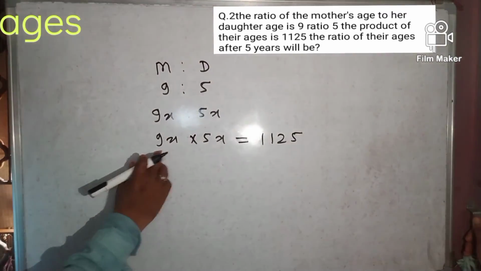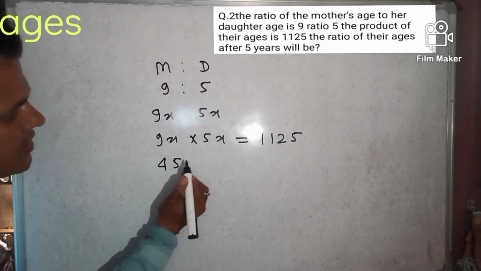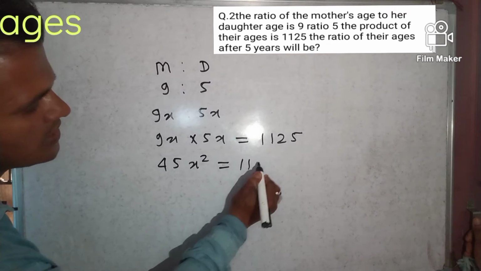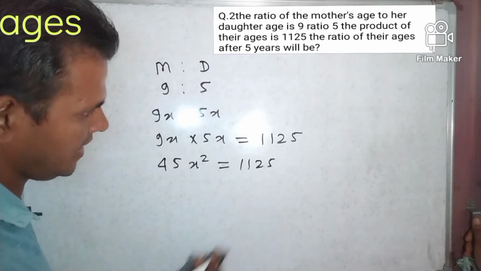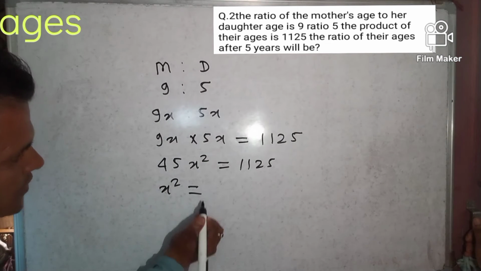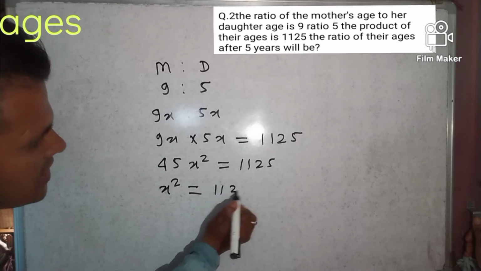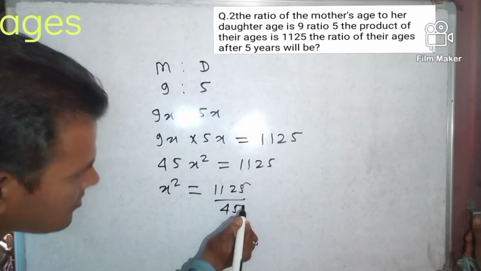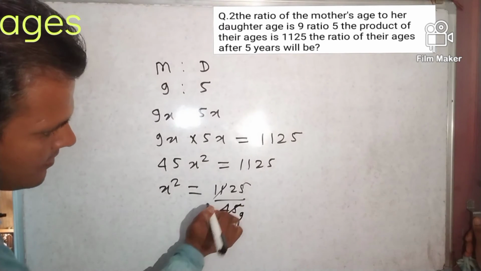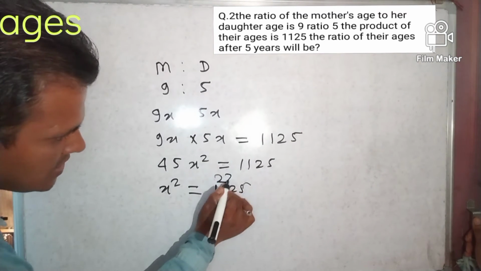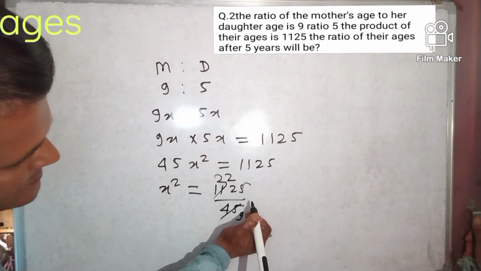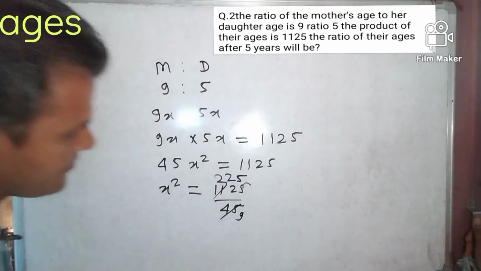1125. 9 into 5 is 45, x into x is x square, equal to 1125. So x square is equal to 1125 by 45. Now 5 times 9 is 45, 5 times 2 is 10, and 5 times 5 is 25, right?